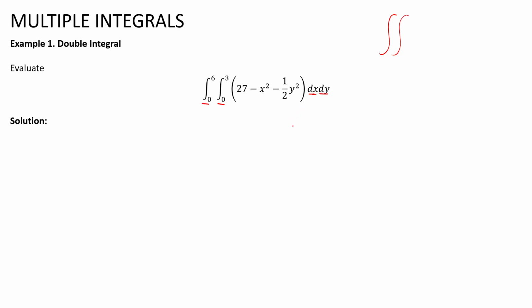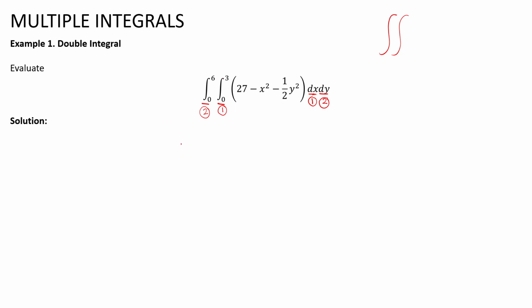So how do you evaluate multiple integrals is you evaluate the inner integral first, meaning you start off with dx and then this limit of integration right here. And then the next portion is you're going to determine dy, then the dy limits as well.